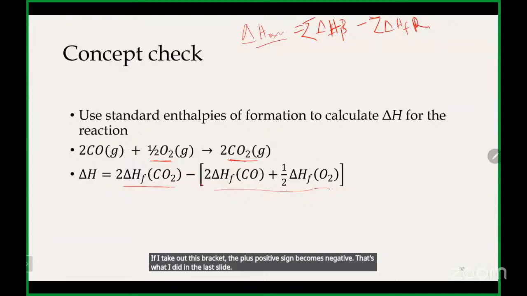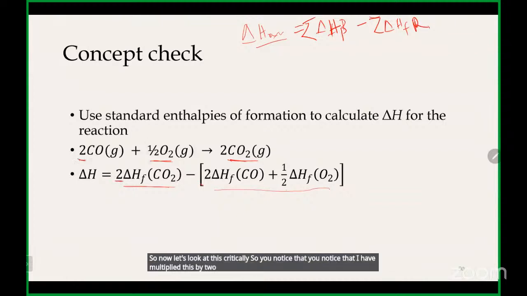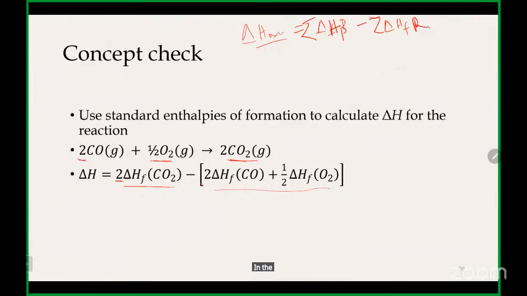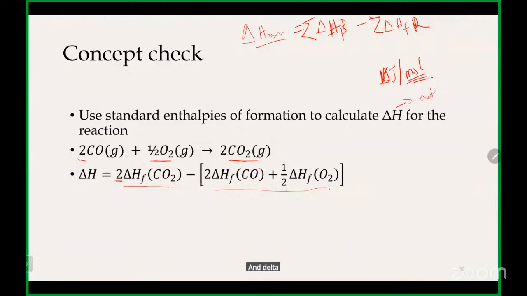So now let's look at this critically. You notice that I have multiplied this by 2 because we have 2 moles here. The standard enthalpies of formation that we saw the other time are always recorded in kilojoules per mole. It is 1 mole. It is not written per 2 moles. And delta H is an extensive property, meaning that it depends on the amount or number of moles of substances present.